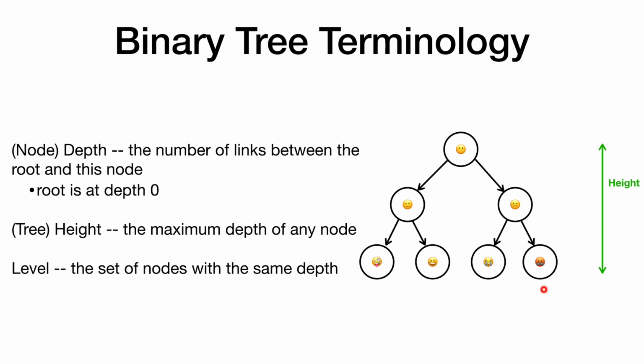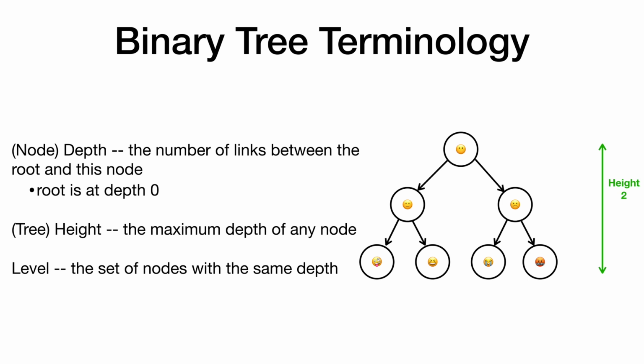And there's nothing at level 3. There's nothing with depth of 3. So the height of this tree is 2. Right? So there is some discrepancy. If you look on the internet, some people would describe this as being a tree of height 3 because there are 3 levels: 0, 1, and 2.